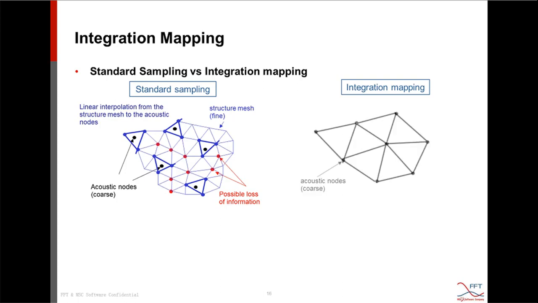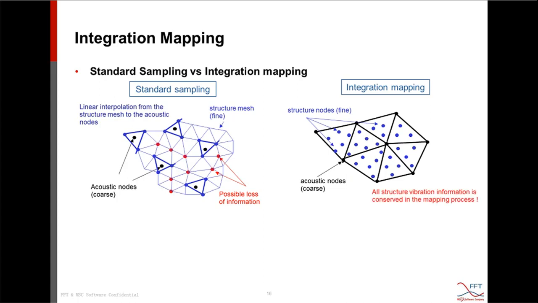Now, with the integration method, we are doing the mapping the other way around. We take the acoustic nodes or acoustic elements that are generally coarse, and we look for structure nodes that fall into these acoustic elements, and then use the shape functions of these acoustic elements to distribute the information or the energy received from the structure vibration to the acoustic nodes.